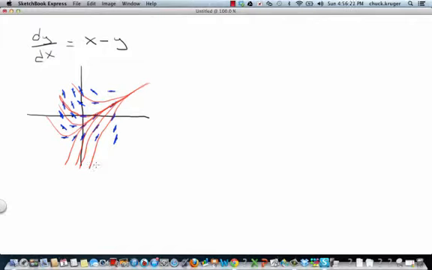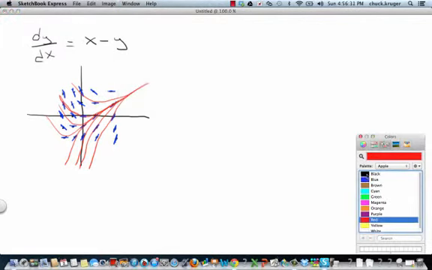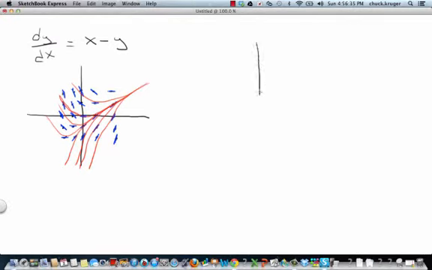Alright, let's try another one. And then we'll talk about, let me get my palette here. Let's go to black. Let's try another one. The one I'm going to choose here is going to be, let's use this one here. dy/dx equals x plus y. Let's do that one.